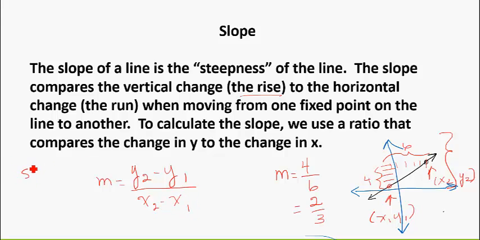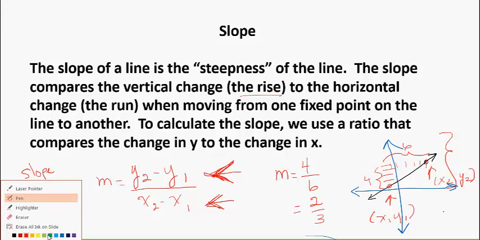And this is our slope formula. It's good to remember the slope formula is y2 minus y1 over x2 minus x1, but it's even better to just understand what you're doing. You're creating a ratio of the difference in your y's and the difference in your x's.